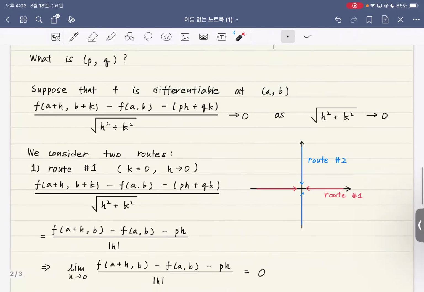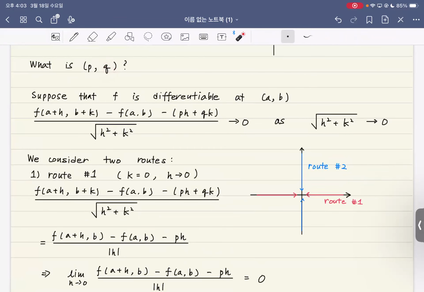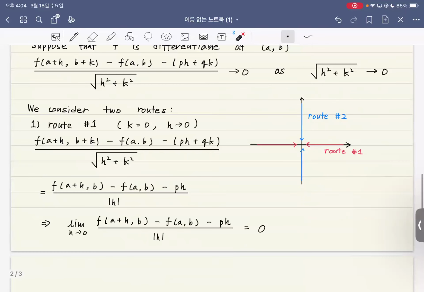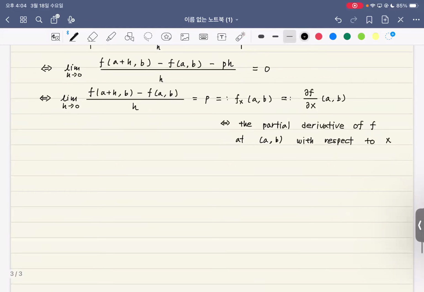Now, how do we get the second number q? Same thing, but in order to get q, we are going to choose a different route. Instead of route number 1, now we want to follow route number 2. This route is characterized by k tending to 0 and h equals 0, right?